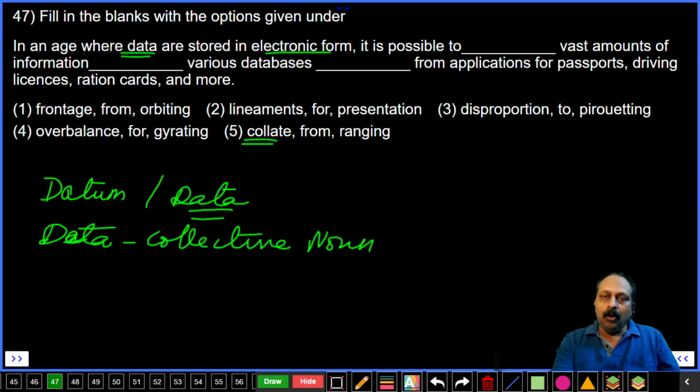Don't think data always takes a plural verb. It is not like that. In an age where data are stored in electronic form, it is possible, not impossible, it is possible to collate vast amounts of information from various databases, ranging from applications for passports, driving licenses, ration cards, and more. Answer is the fifth option.